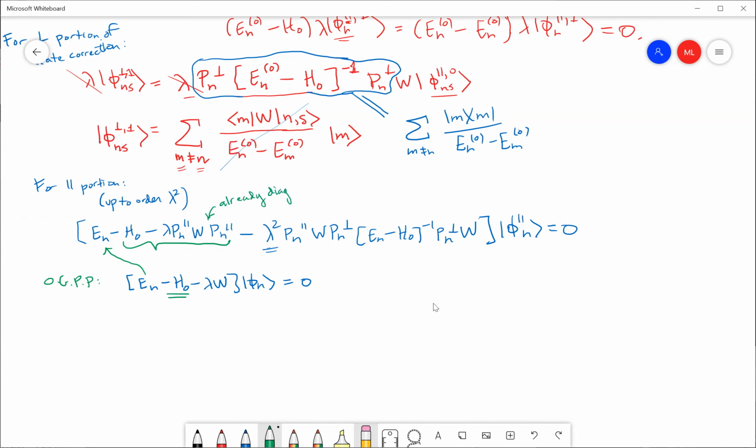Remember what I told you, if you have a degenerate space, then you want to diagonalize the perturbation in that space. So you already know what the eigenvalues of those things are in that parallel subspace. So this is already diagonalized, so we can interpret this whole thing as a new unperturbed Hamiltonian, because this part is already diagonalized.